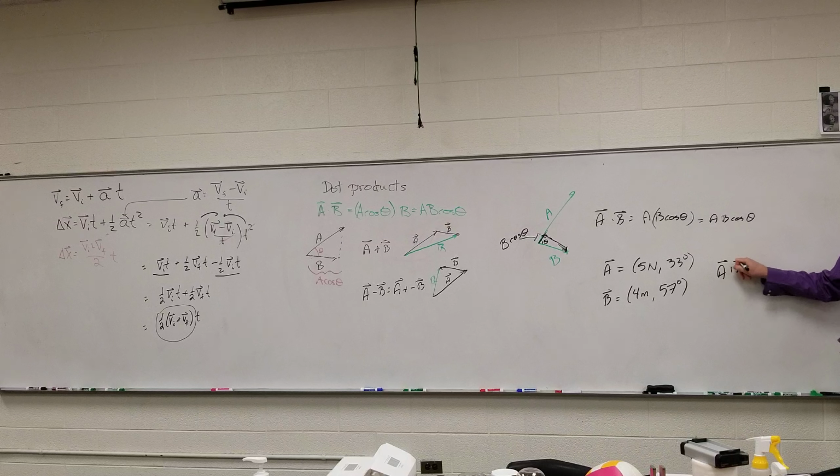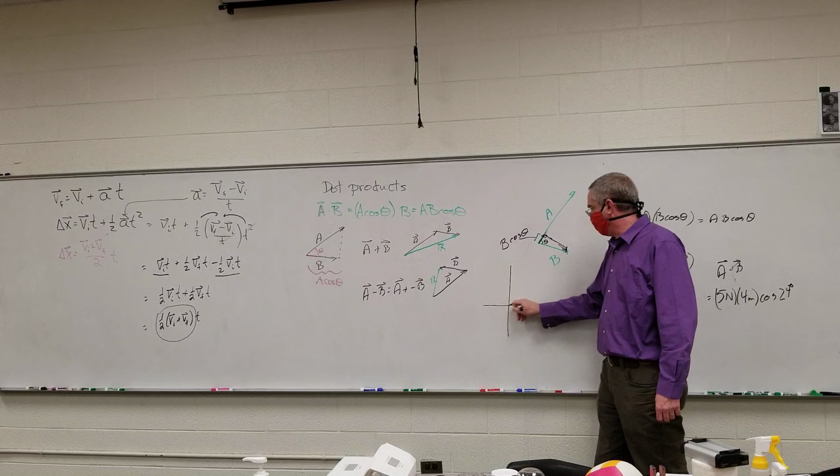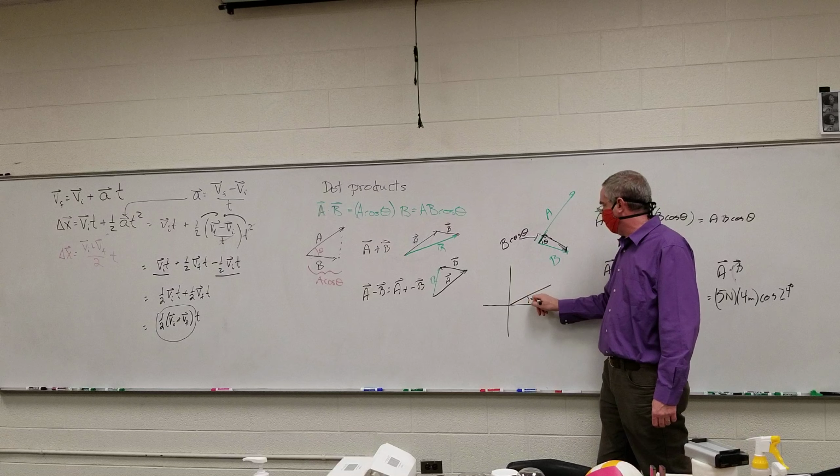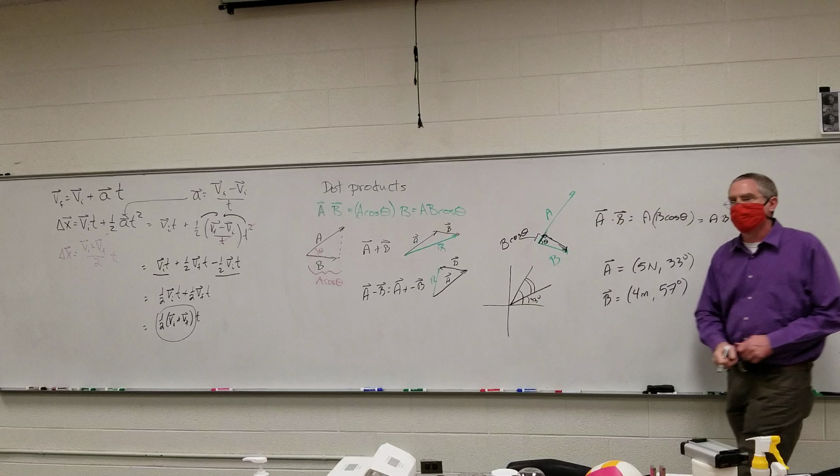A dot B is just going to be the magnitude of A times the magnitude of B times the cosine of the angle between them. Not the average; because one of them is at 33 degrees and the other is at 57, we want the difference, so you subtract.